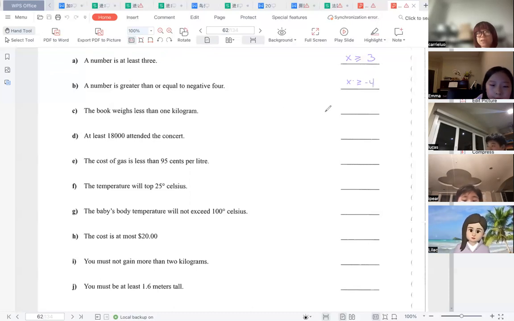Okay, number 3. The book weighs less than 1 kilograms. Lucas. X is smaller than 1 kg.